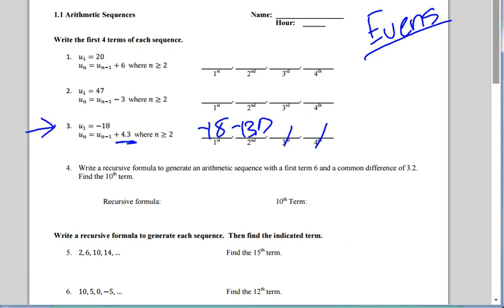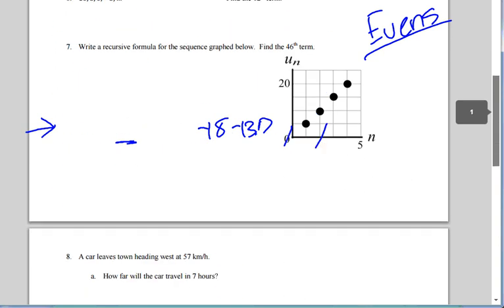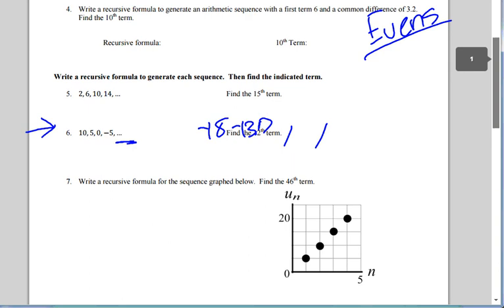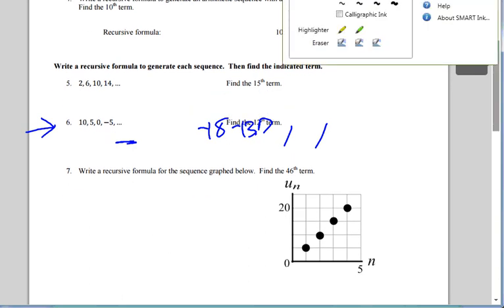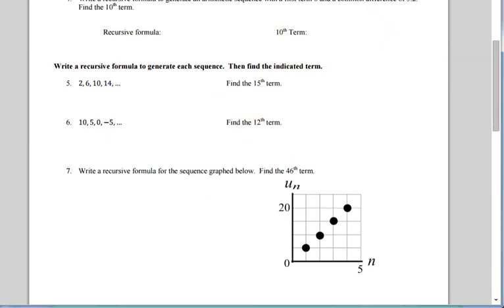Let's slide down here. Let's take a look at something a little bit harder. So generating some sequences or some recursive formulas here. Let's start with number 6. I'll give you a hand here. What's our first given term for number 6?